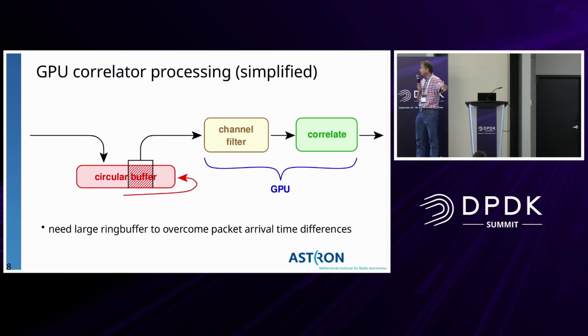There can be a telescope that is 1,000 kilometers away from the correlator, and there can be one that is close by. And we need to overcome the differences in travel times. So we need to buffer, typically half a second to a couple of seconds.